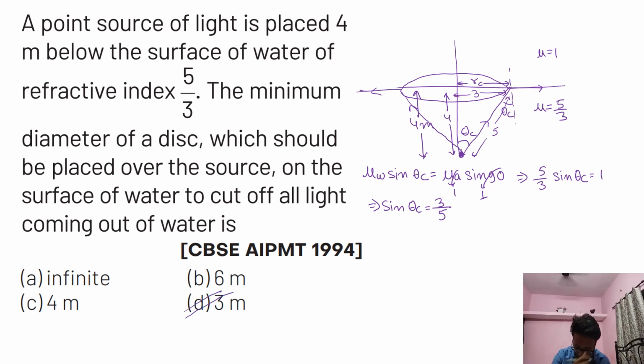Out here, fortunately, the ratio of 3 by 5 coincides with the 4. They have asked the diameter of this, but what I have found is the radius of the disc. If the radius of the disc is 3, the diameter of the disc should be 6. So don't make this kind of silly mistake. If this much is 3, this entire length should be 6 meters.